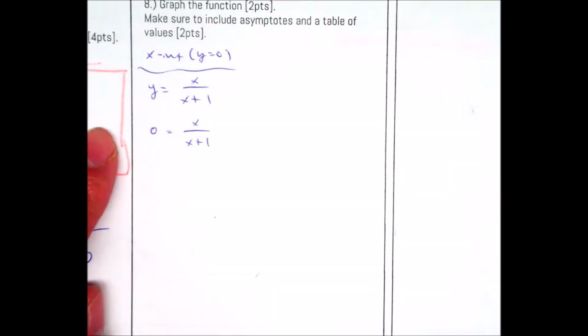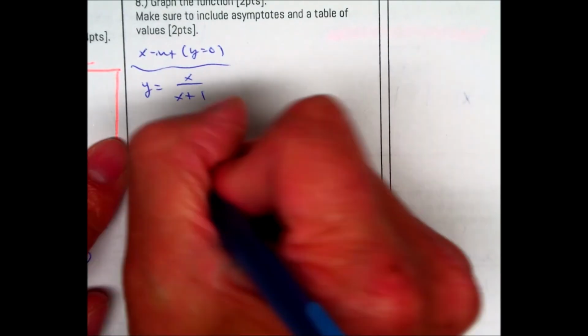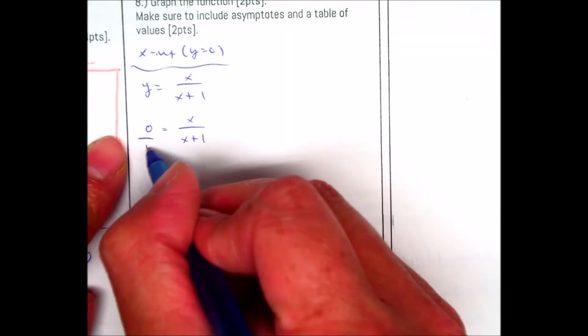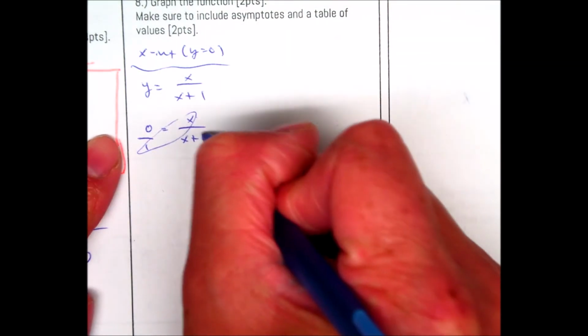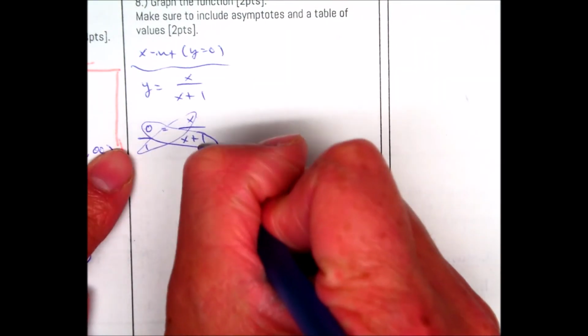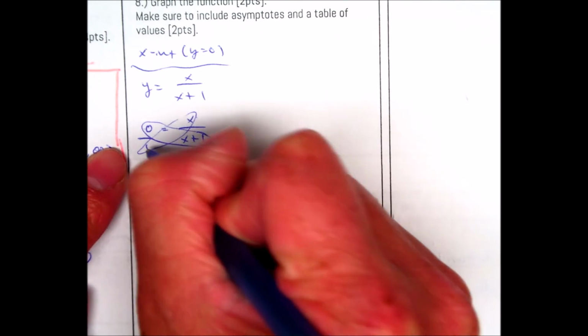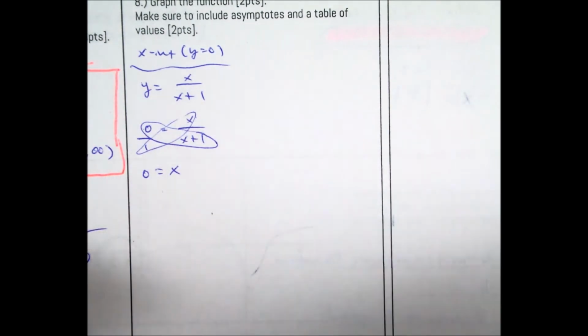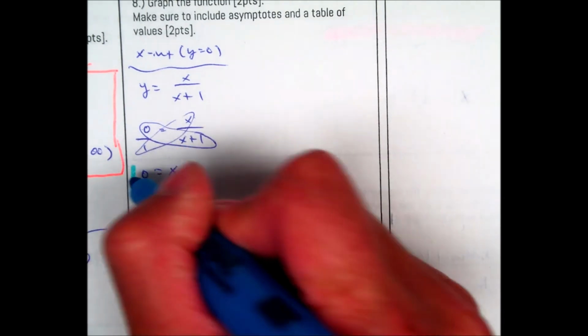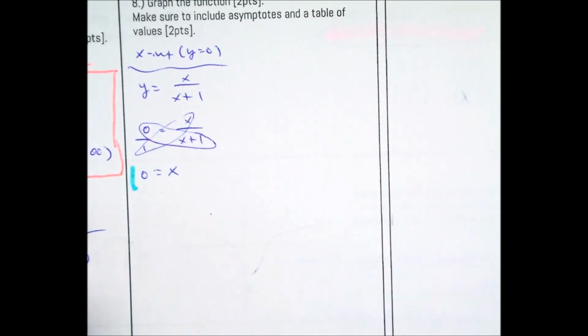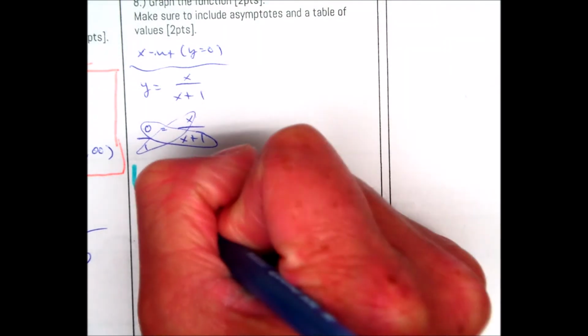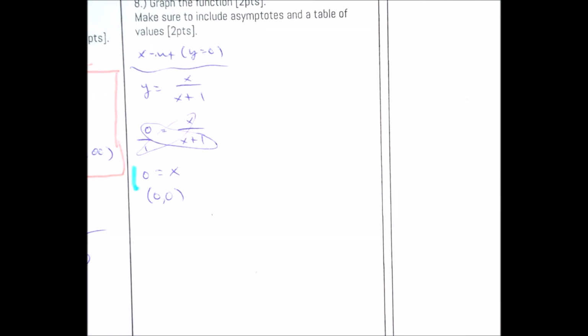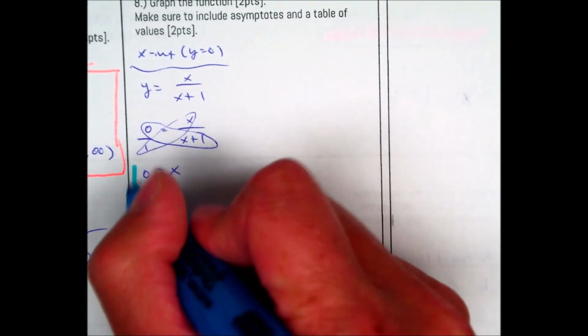And you're going to make the 0 a fraction by putting it over 1. So if you cross multiply, you're going to get 0 times anything is 0, and 1 times x is x. So x equals 0, that means your x value is 0 and your y value is 0. So my ordered pair is 0, 0.